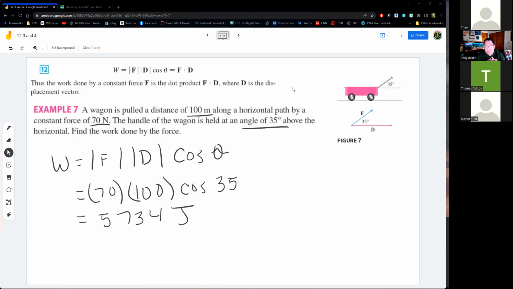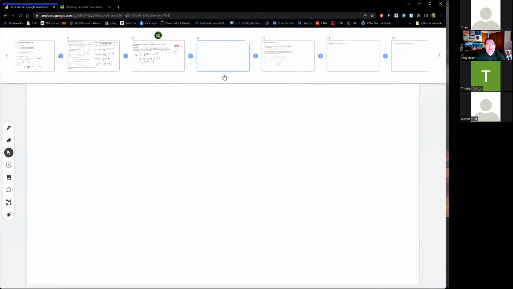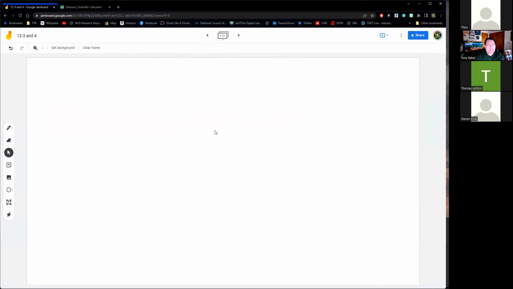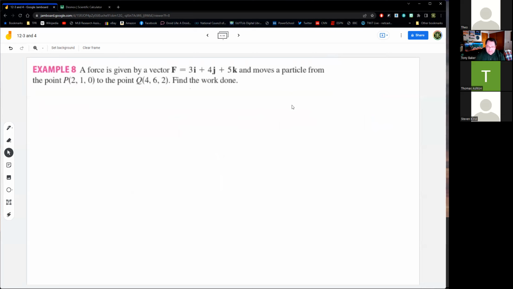In this situation, I had the information, so I didn't really need to use the dot product because of the way they gave it to me. In this problem, they're giving it to me in terms of vectors, so I'm going to have to use the dot product to find the information.